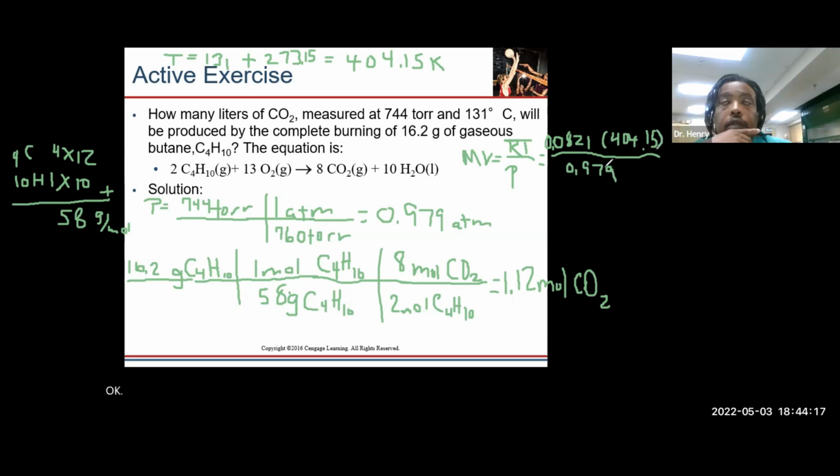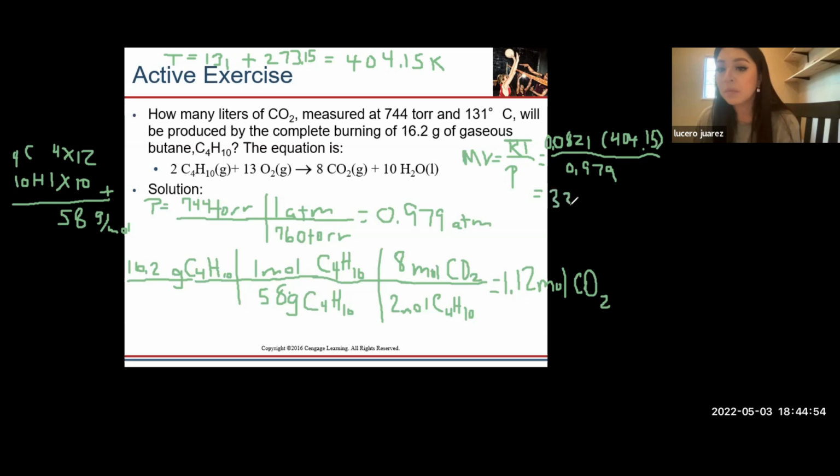So what do we got? I got 33.89 liters per mole.